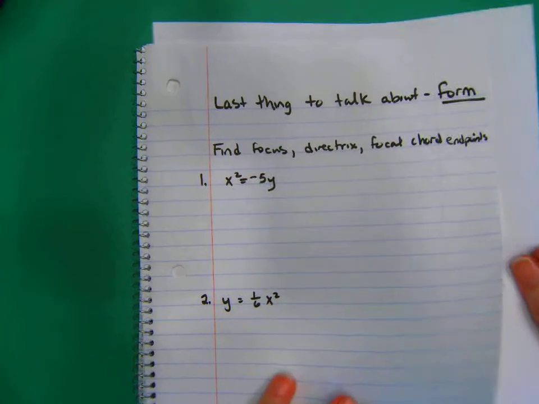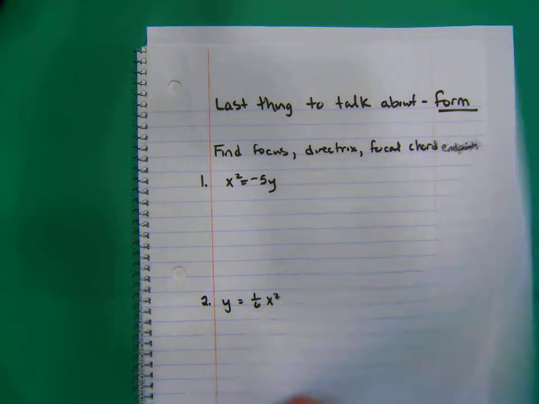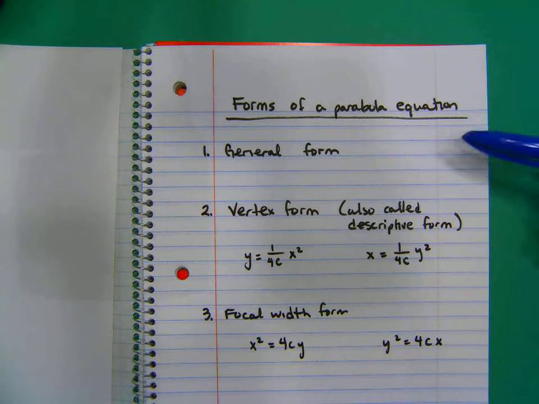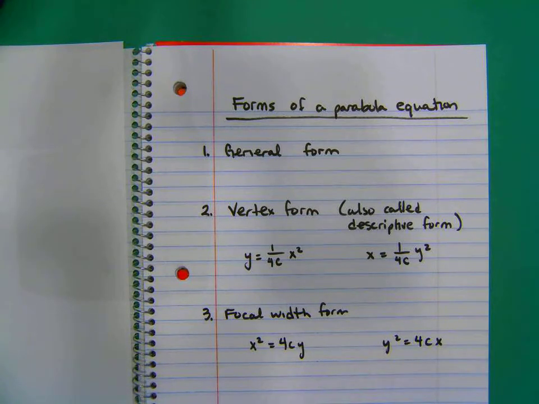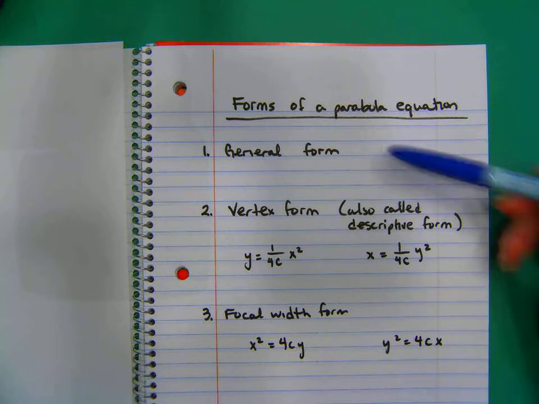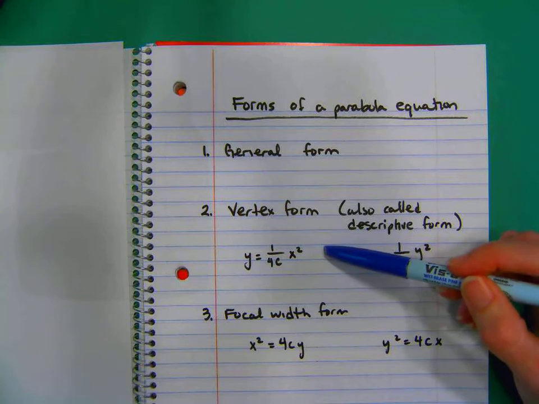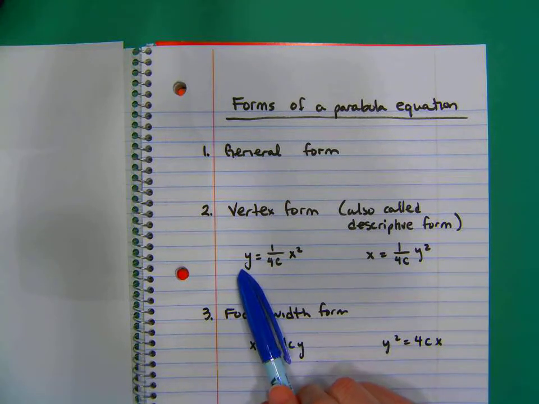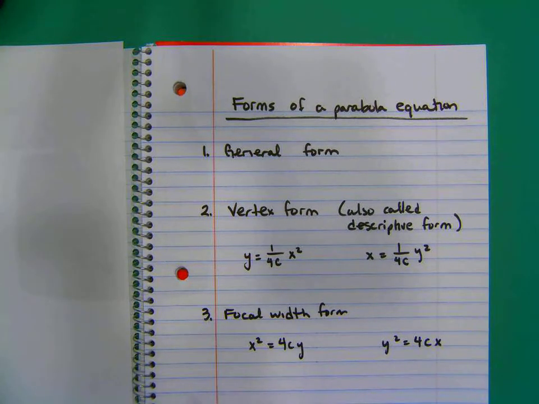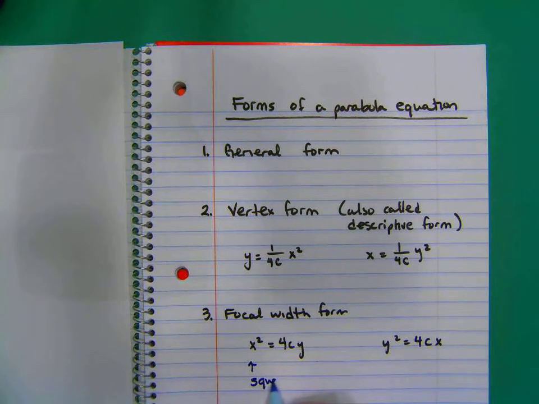If you wanted to talk to your students about the names of the forms, that other worksheet is probably not ready yet because it shows the shifts from 0. General form we'll talk about tomorrow, but vertex form is the form where you get the not squared term by itself. And the focal width form is where you have the squared term by itself.